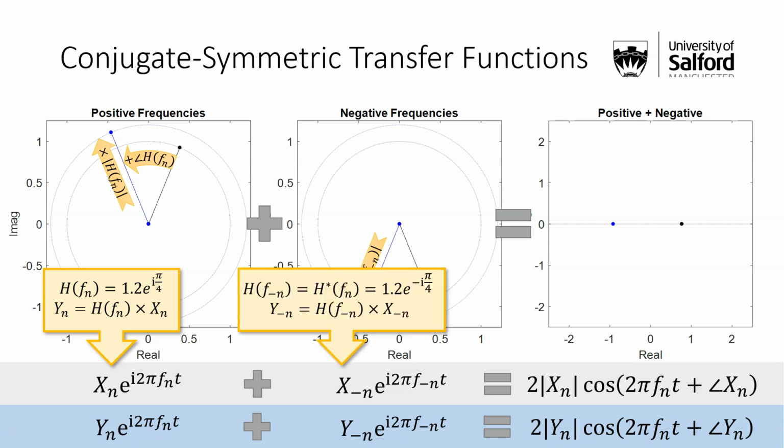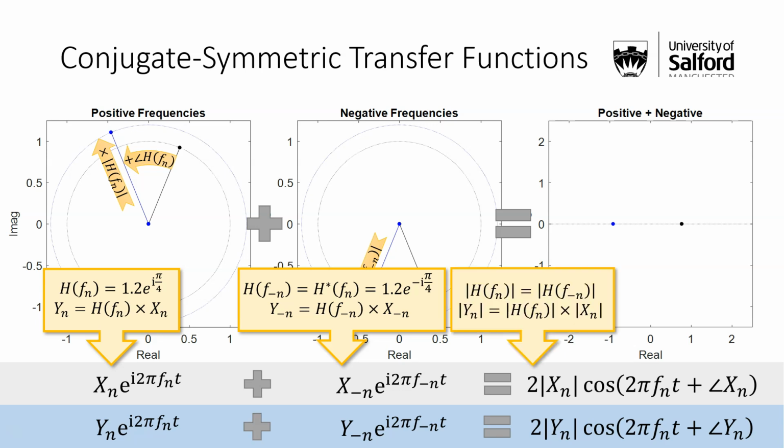So we actually need that H for the negative frequency is a complex conjugate of H for the positive frequency. So same magnitude, negated phase minus i pi over 4. And the same relationship by multiplication holds, but now evaluated for minus n. And putting these together into the final bit, we'll find that the magnitude that comes out, Yn, is the magnitude of H evaluated at fn times Xn.